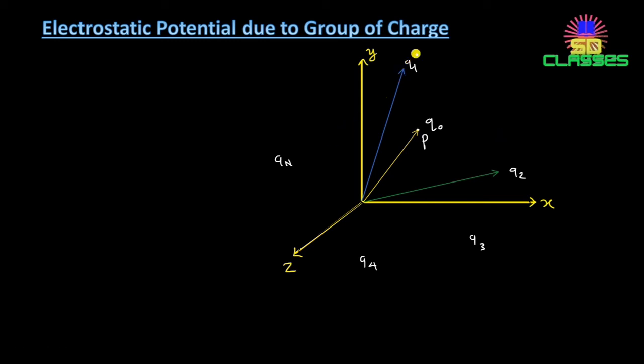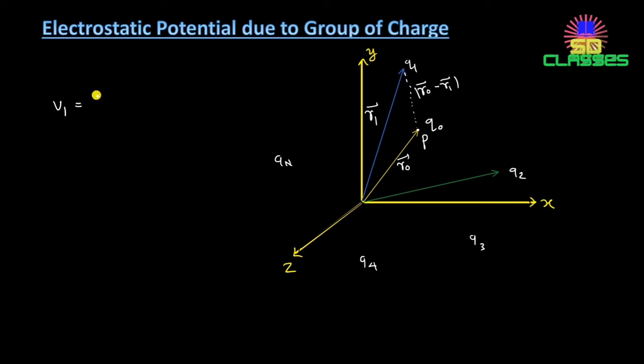Okay, so I have taken only q1 and q0 vectors. So suppose this is r1 vector and this one is r0 vector. Okay, so what is the distance between them? So the distance between them will be r0 vector minus r1 vector. Okay, so this is the distance between P and q1. So what will be the potential?